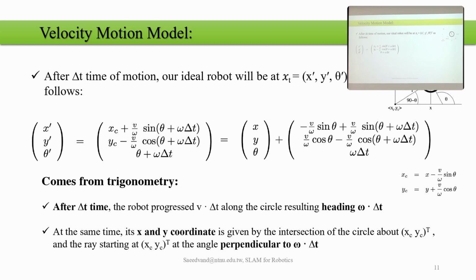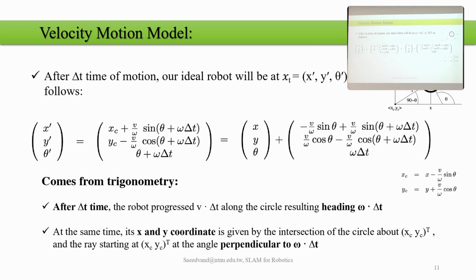We can write this term over here, that x prime, y prime, theta prime is equal to this term over here, xc added by what we've shown, how to calculate the center and this term, and yc calculated with this velocity over cosine, and theta added by w delta t.